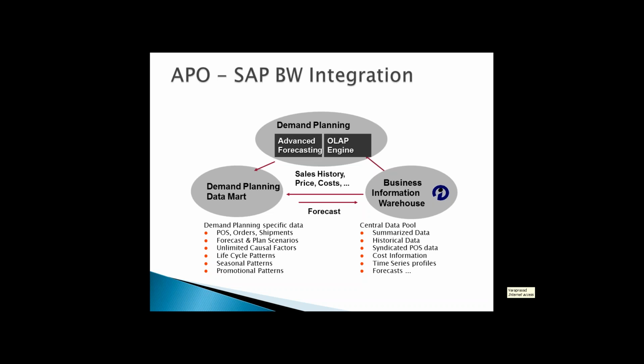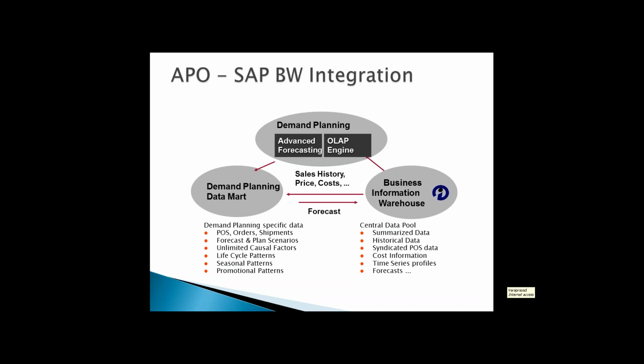Okay, this is the SAP APO BW integration. As we told, for DP you require BW to store the historical data. It may be an external BW, or APO DP may have an internal BW. SAP has provided some space in DP, saying that in APO we internally have some BW servers, so that BW will interact with DP.